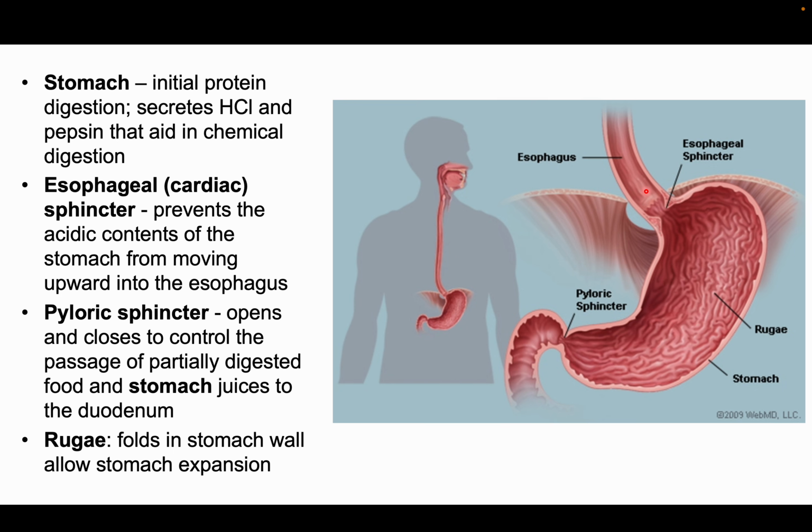And the reason why it creates that sensation is because the stomach has a very low pH, it's very acidic. The reason why the stomach is acidic is because there are cells in the stomach that create hydrochloric acid. This is a very important acid that helps an enzyme called pepsin work to break down proteins in the food.